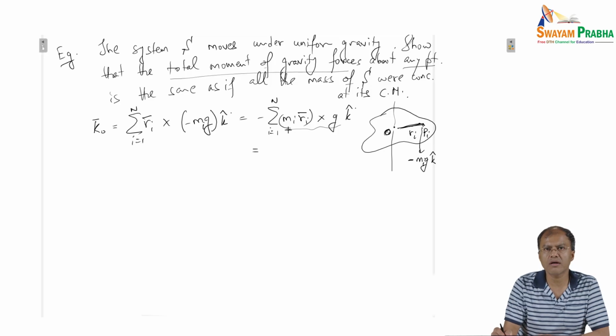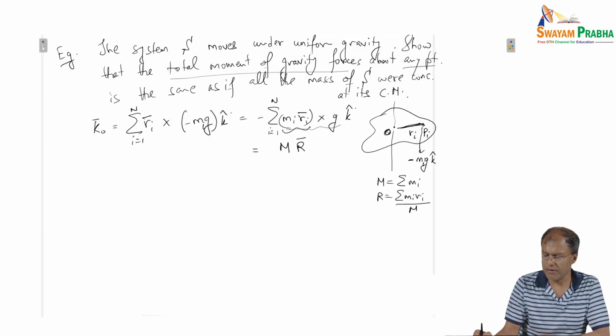We can introduce the formula for center of mass here. Summation mi Ri can be written as capital M, where capital M is the summation of all masses, times R being the center of mass, so R is defined as summation mi Ri divided by capital M. So M times R, of course with a minus sign, cross g k hat.